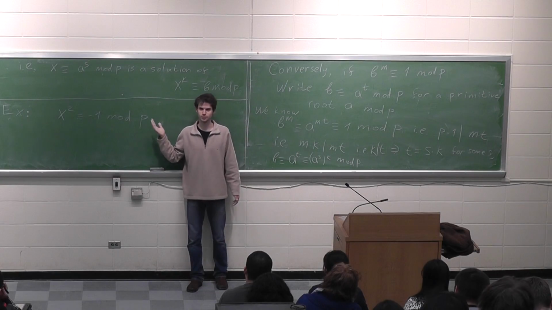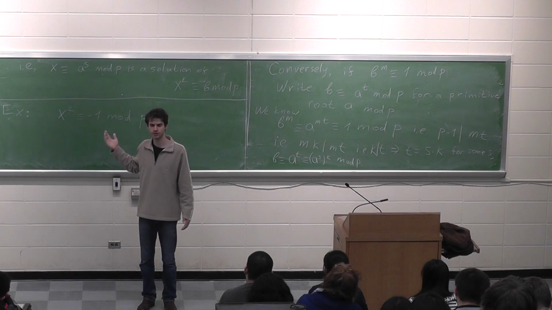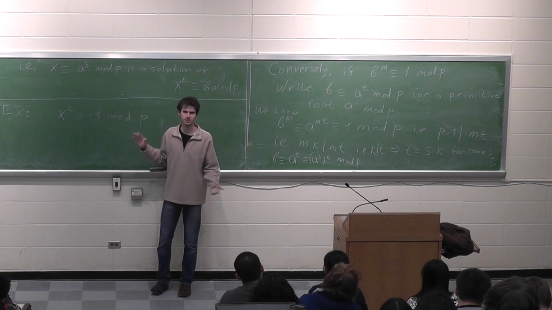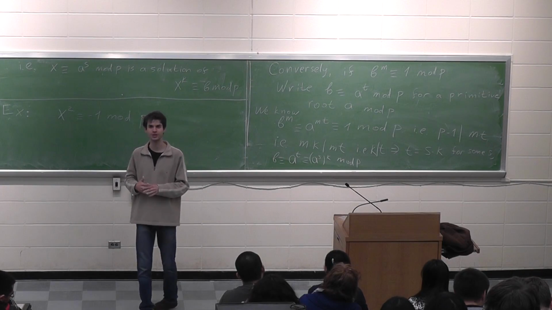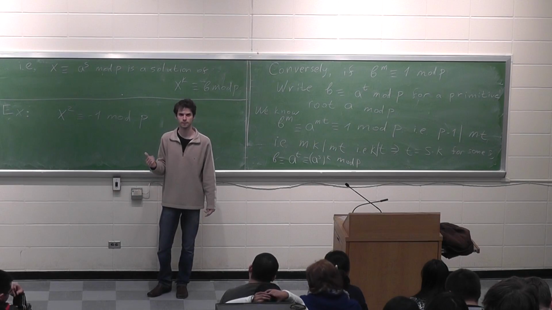Well, without what we just did, it's not that obvious. I mean, you try different things. -1 squared is not -1, and (p-1)/2 squared is also usually not -1.